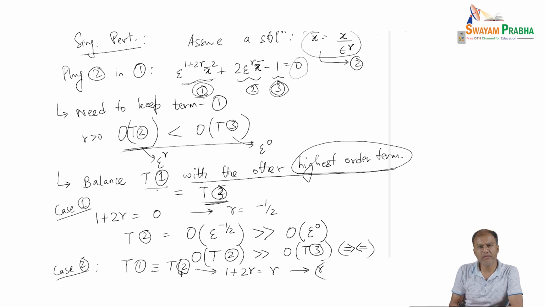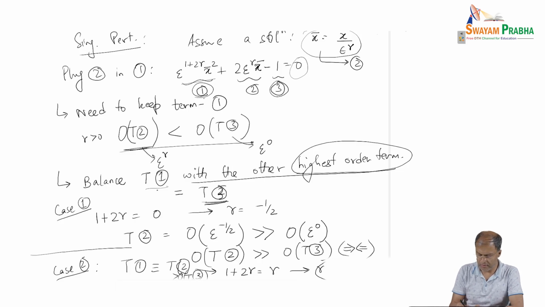So since we were balancing with term number 2 in this case, we are assuming that term number 3 is of lower order than term number 2.